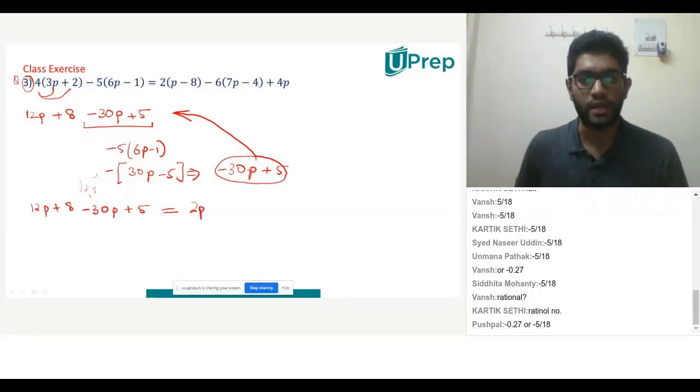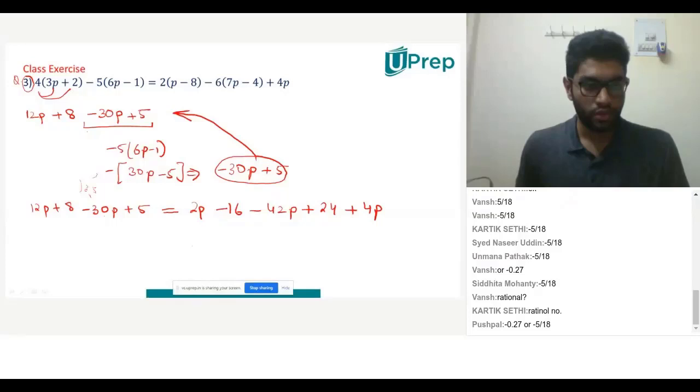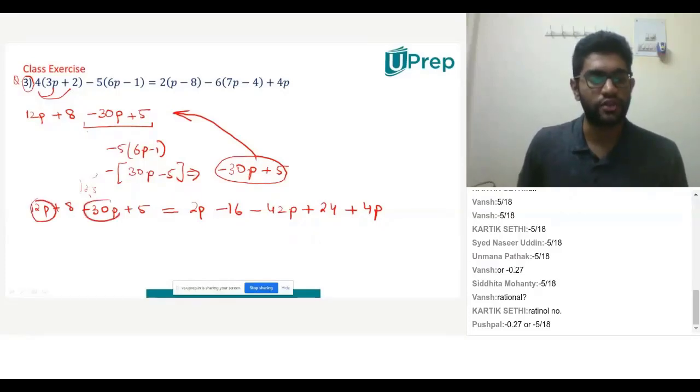Now let's look at the RHS. It is 2p minus 16 minus 42p plus 24 plus 4p. Now let's solve the like terms. Take the like terms together. This is plus 12 and minus 30, so we have minus 18p. Plus 8 and plus 5 is plus 13.